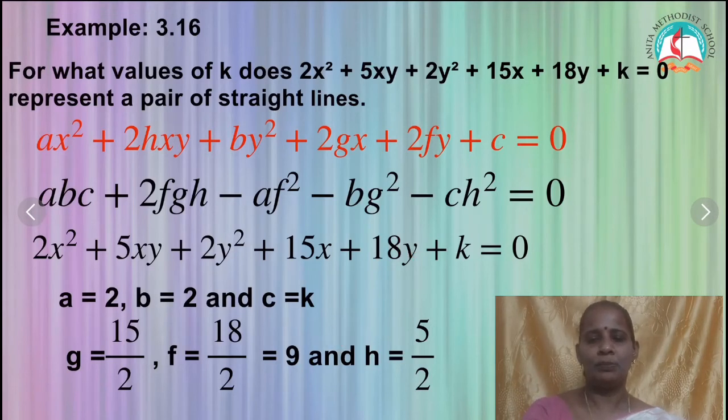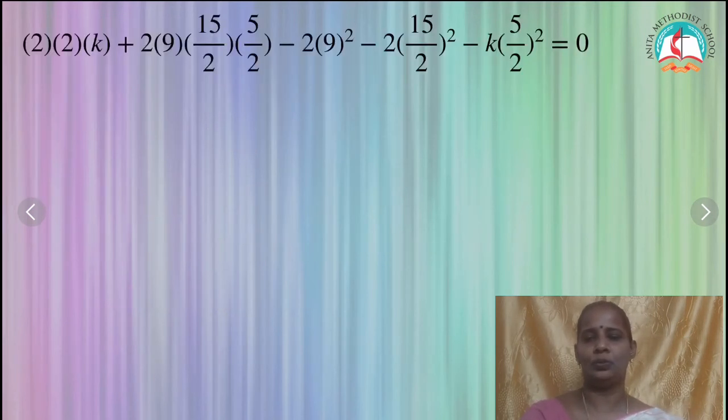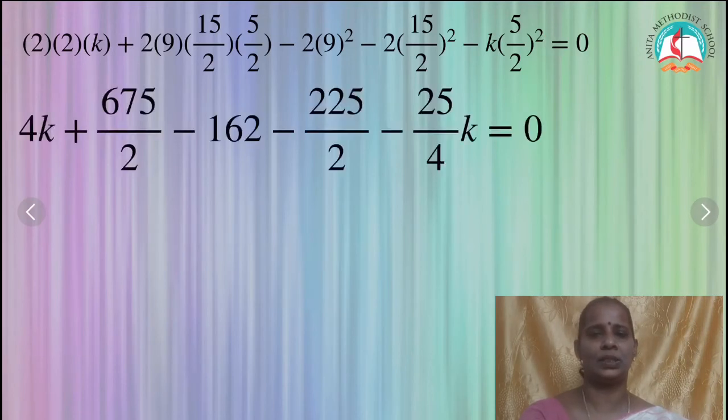Y coefficient by 2, so 18 by 2 is 9. And H is the xy coefficient by 2, which is 5 by 2. Now I am going to substitute these values in the expression: ABC plus 2FGH minus AF square minus BG square minus CH square.